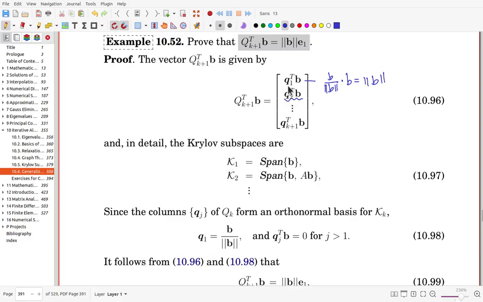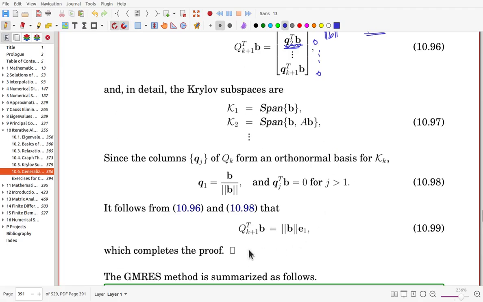But Q1 is a scaled B, which means that again this dot product must be 0. So everywhere except this one it'll become 0. So we have here Q_{k+1} transpose B as norm B times E1.